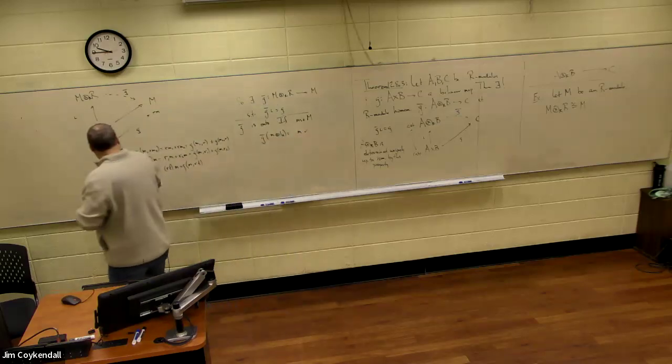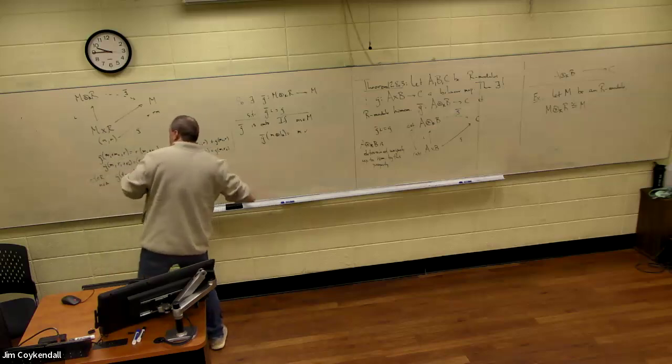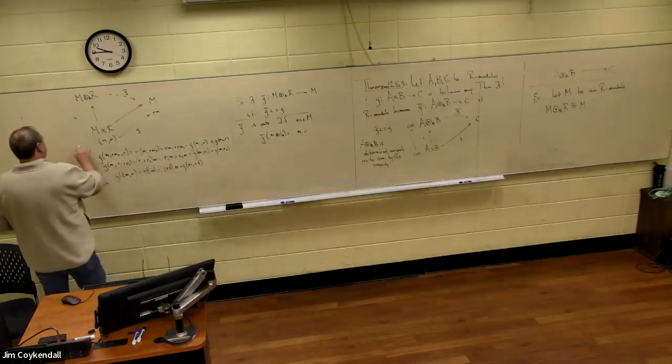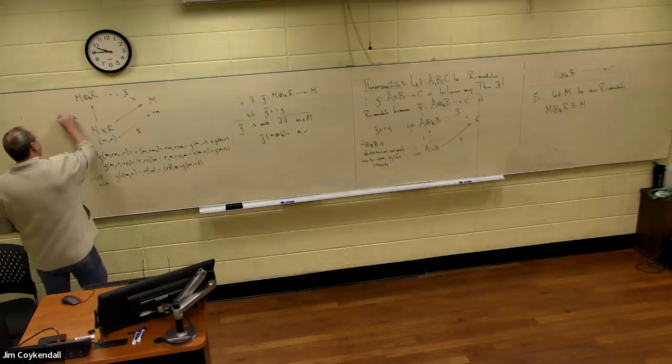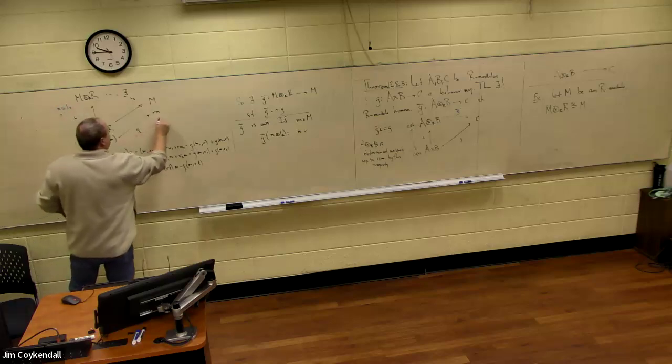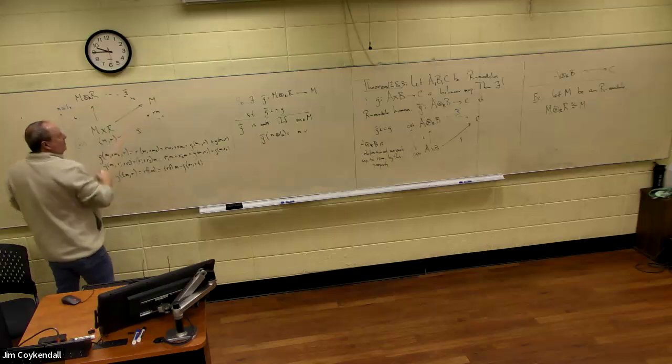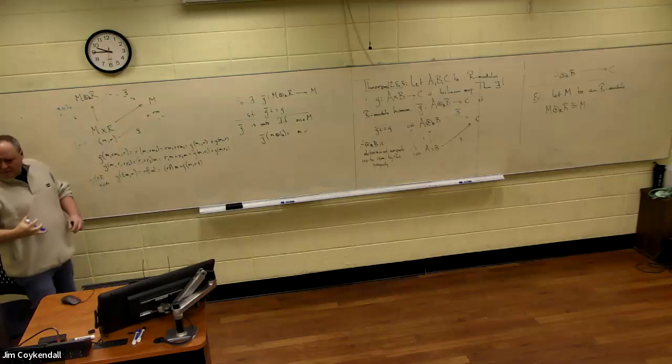And it just follows from the diagram commuting, because the (M, 1) here goes to M tensor 1_R, and up here it goes to M, and so since the diagram commutes, there we go.